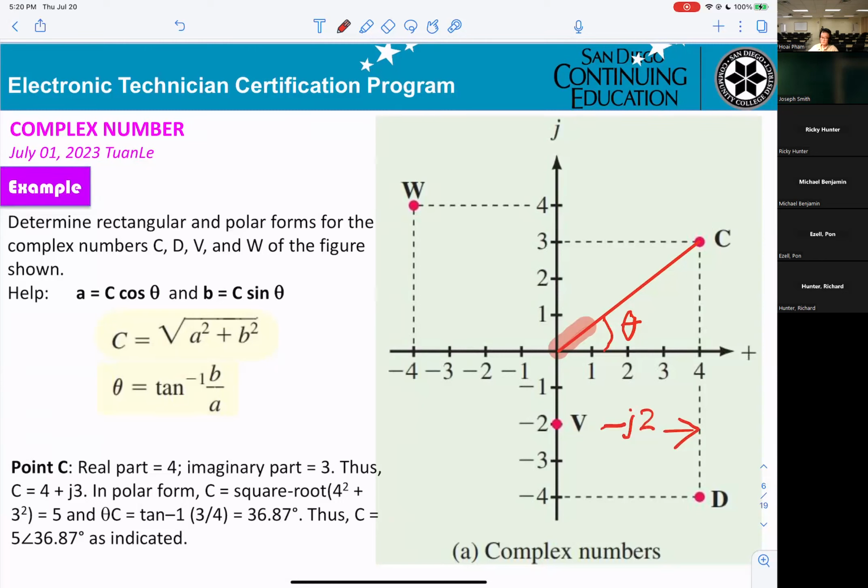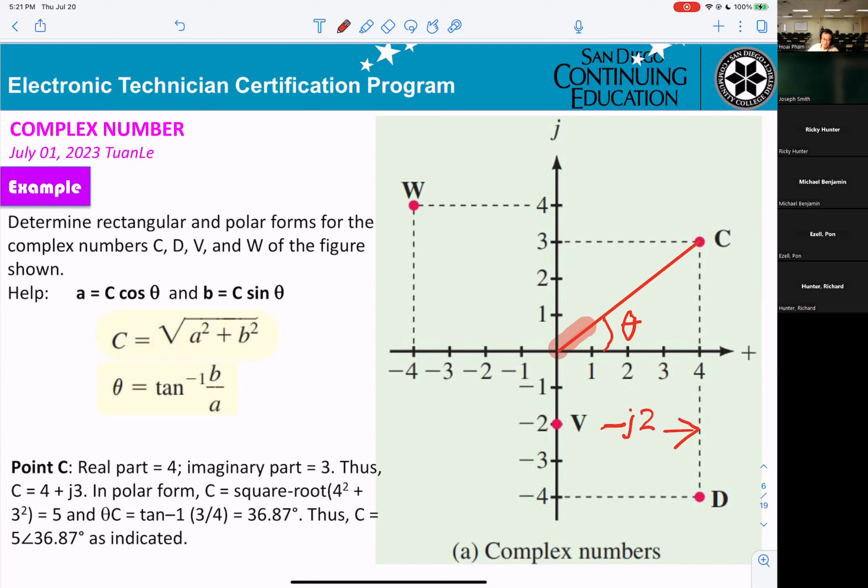Zero, wait a minute, hold on. When V has no real part, okay?